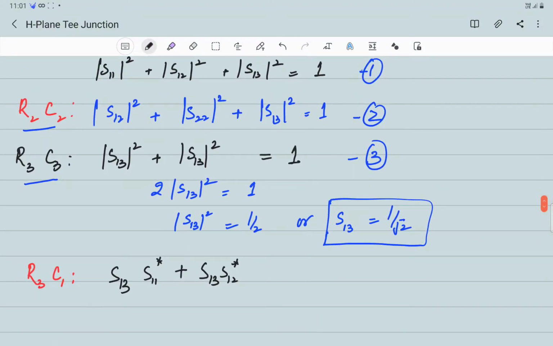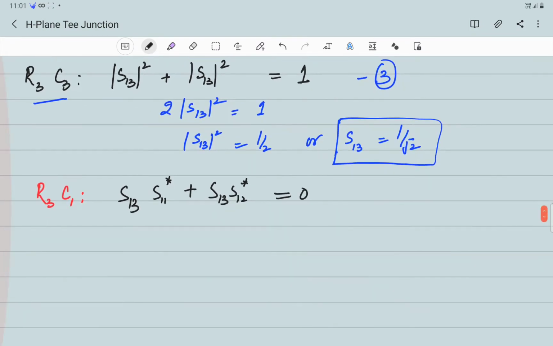This would be equal to a non-diagonal element, this would be 0. So S13 will be common to both these terms, is equal to 0. But we have seen above S13 is equal to 1 by root 2, so S13 cannot be equal to 0.